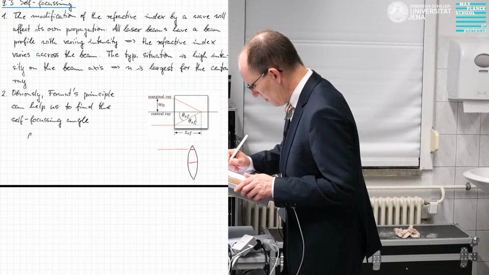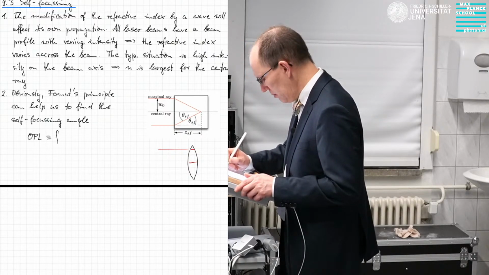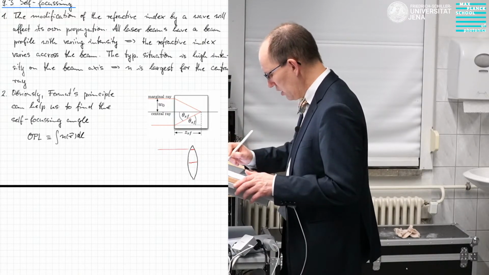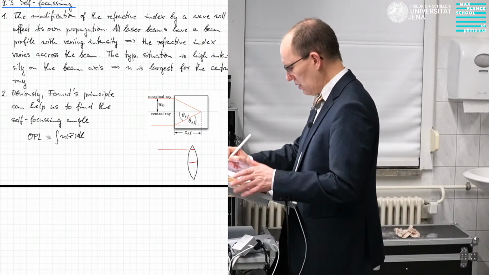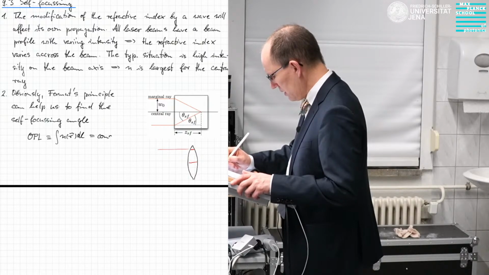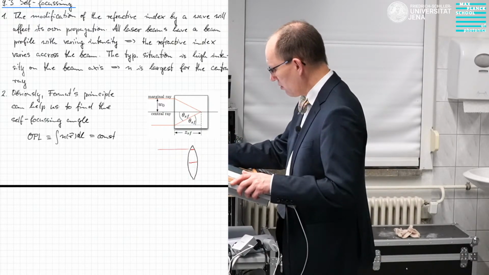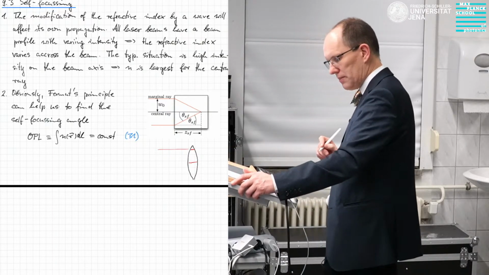What Fermat's principle says is that the optical path length is the same for all rays, and the optical path length is the integral over the path multiplied with the refractive index. And this should be constant for all rays. I gave this equation the number 31.